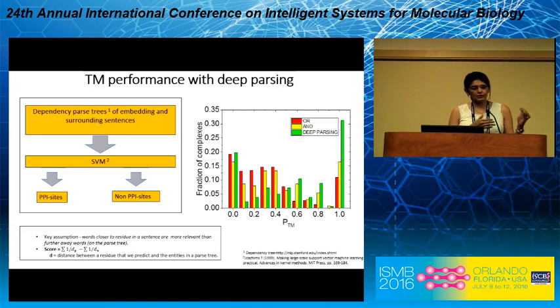We take the distance between the residue and the entities, that is the mode of binding entities, in the parse tree, and we also take the context of the surroundings, that is the surrounding sentence. For the surrounding sentence, we take the parse tree with respect to the root. We also take other features like the presence of proteins. We add all these features in a feature vector for an SVM, and then we try to differentiate between protein-protein interaction sites and non-protein-protein interaction sites.